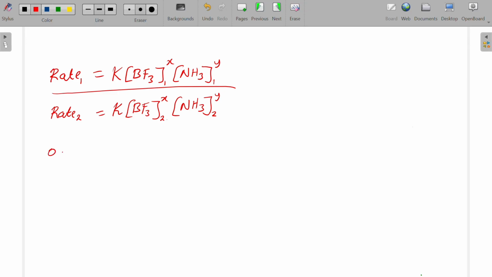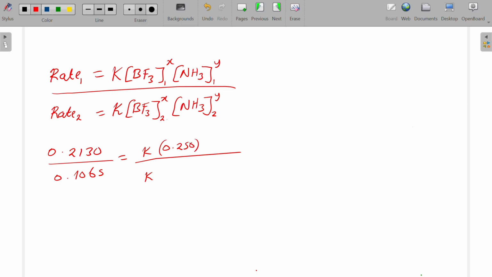Now rate on experiment number 1 is 0.2130, and this is going to be divided by 0.1065. That's what we have. Then this is equal to, still we have a k there, divided by another k here.